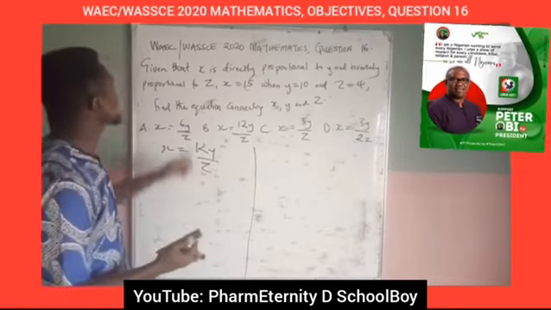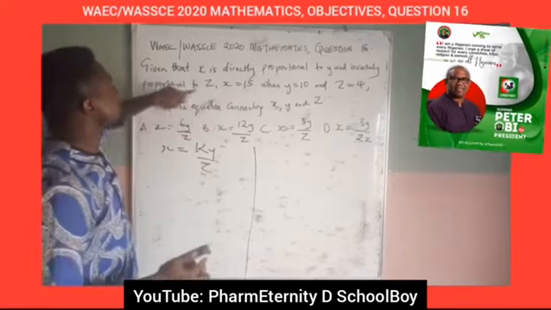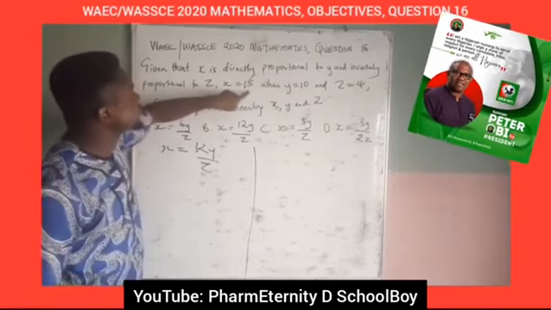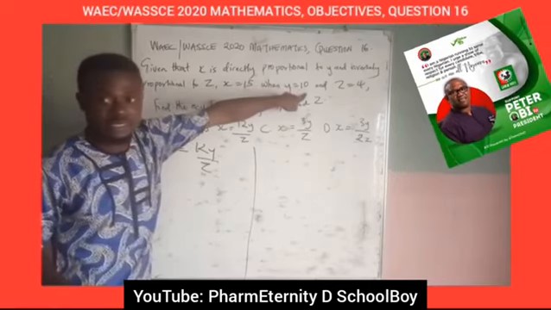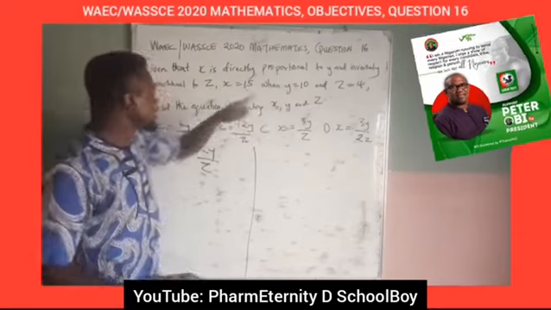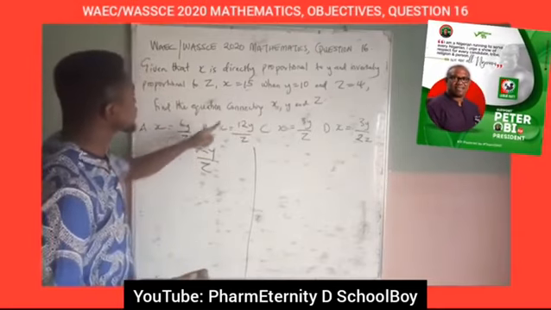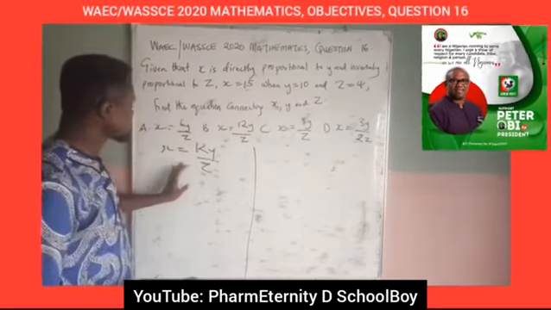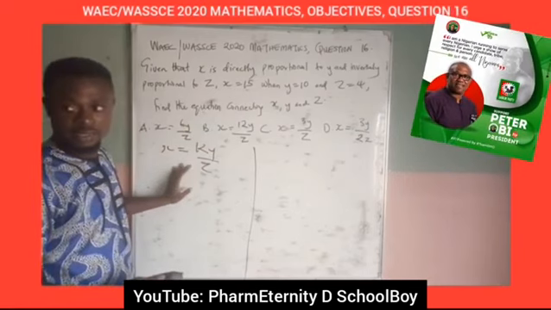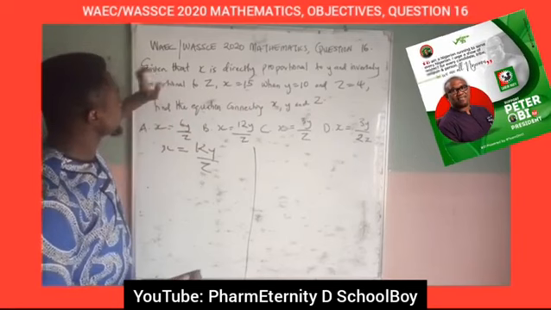The question says that when x is 15, y is 10, and z is 4. So let's substitute all these values for each of these variables.